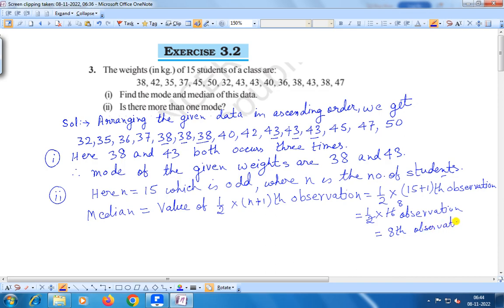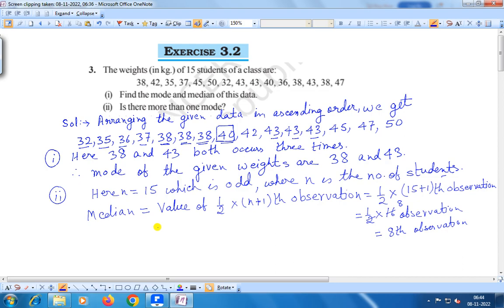The value of the 8th term, if you count from here 1 2 3 4 5 6 7 and 8, that is 40. You see, we are getting 40, right?